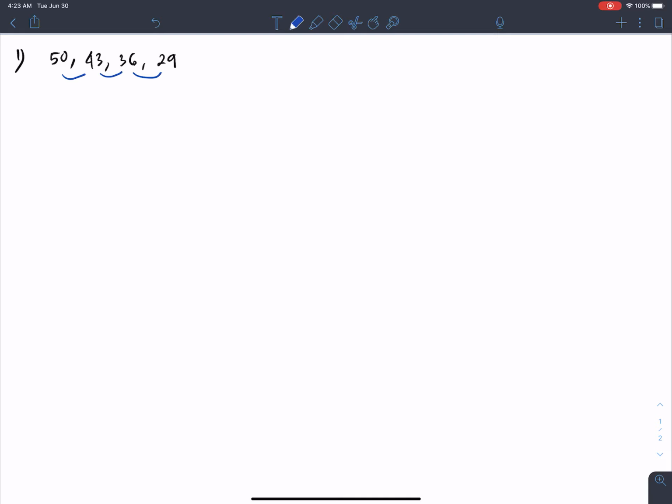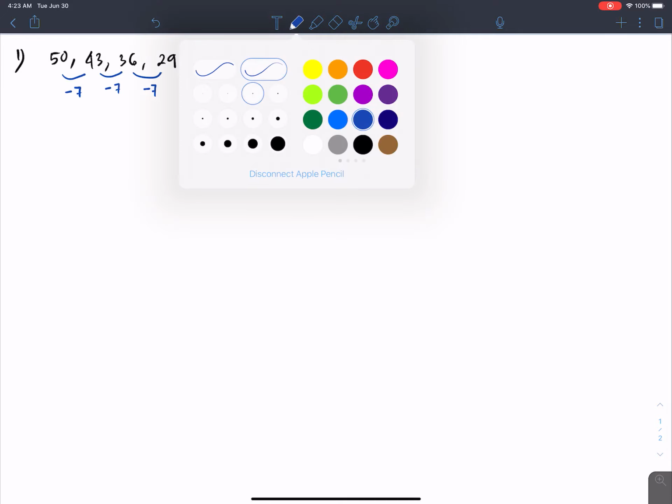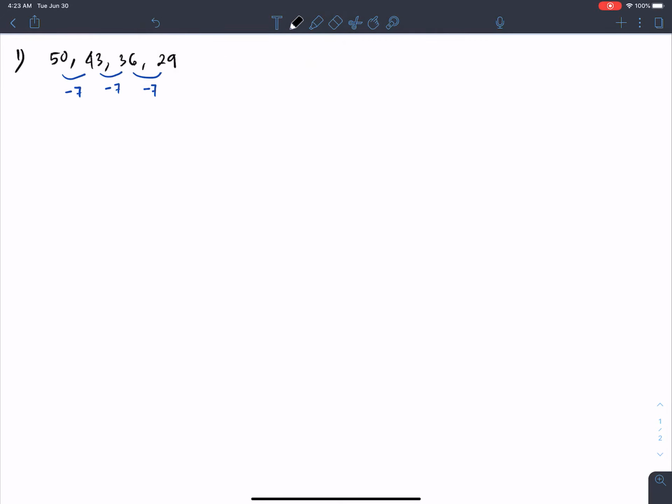If we look here, from 50 to 43 the difference is minus 7, and 43 to 36 the difference is also minus 7, and then 36 to 29 the difference is minus 7. So it's very clear that they have a fixed difference, which is b equals minus 7.